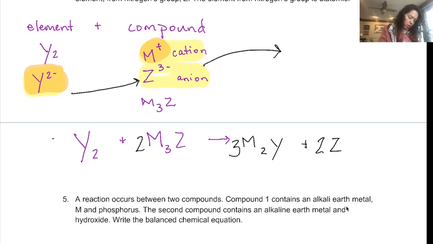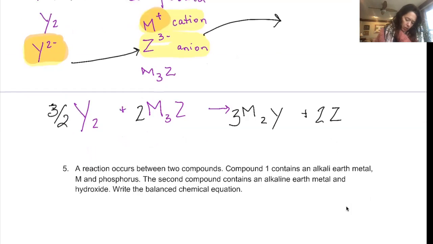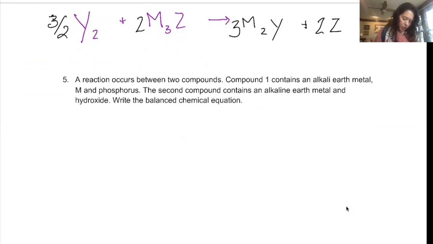I don't know. Let's do 3/2. Yeah. Make sure I didn't do anything wrong. Okay. I feel like I did something wrong. Okay, let's look at the next one. I'm not sure if I did something wrong there. I kind of had a brain fart.